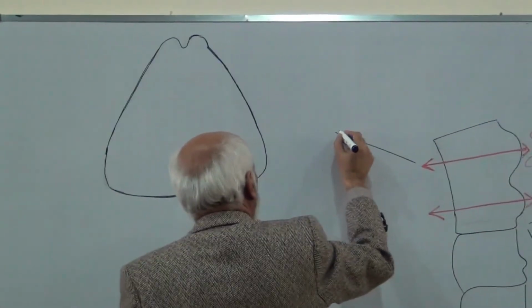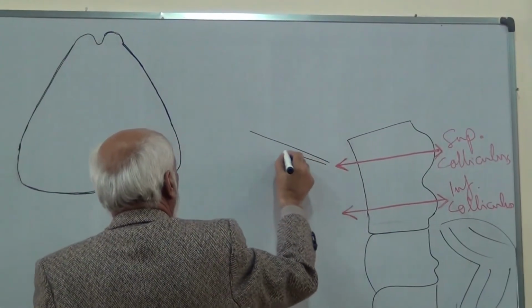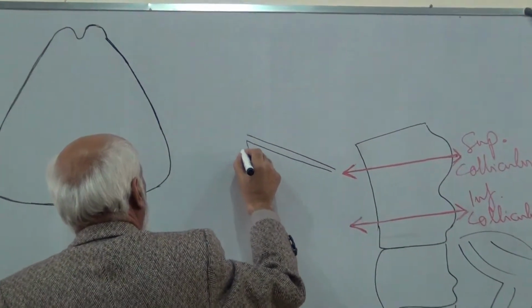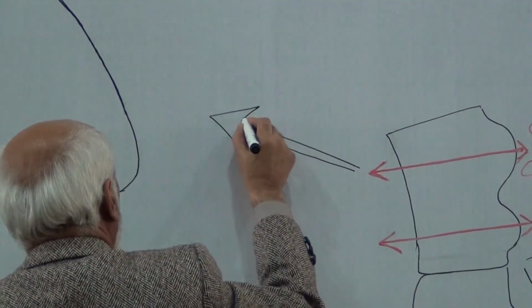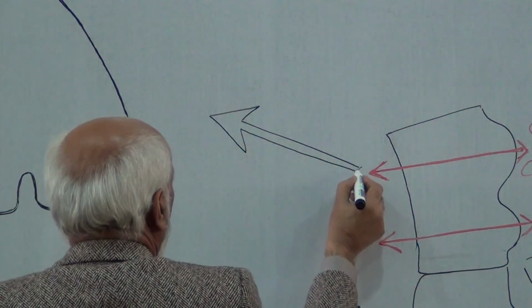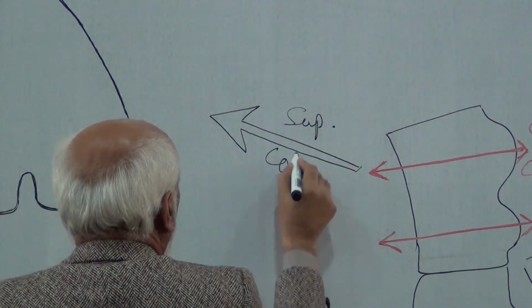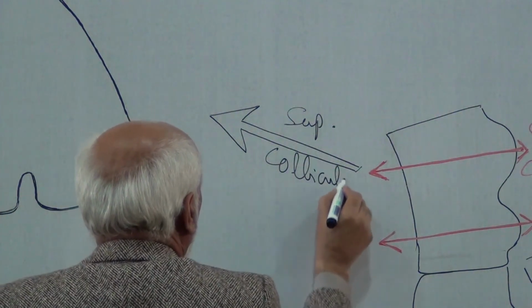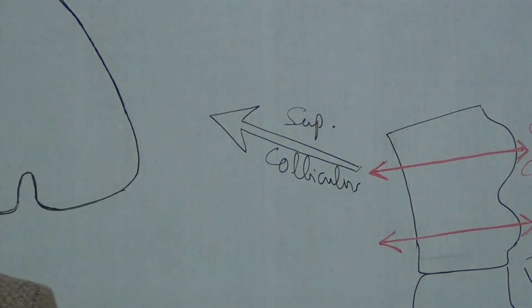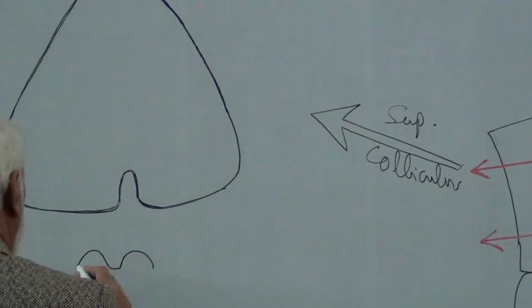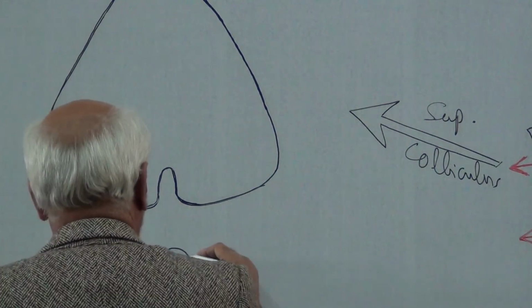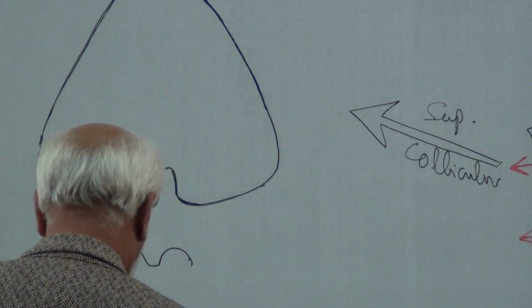This is a section through the midbrain at the level of superior colliculus. Then we will cut another section of the midbrain at the level of inferior colliculus.